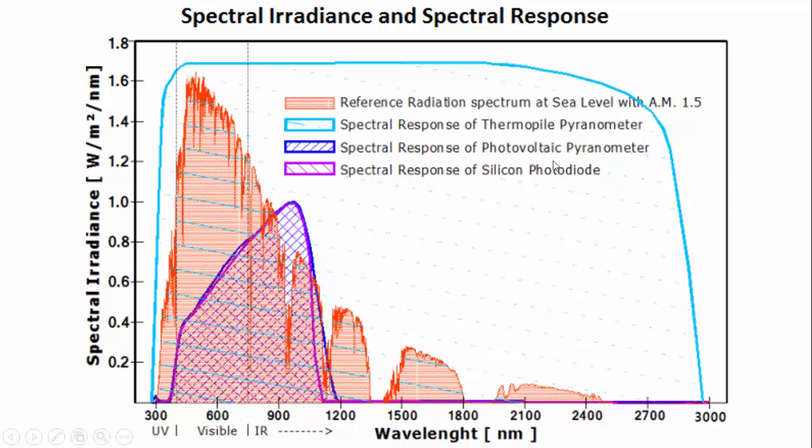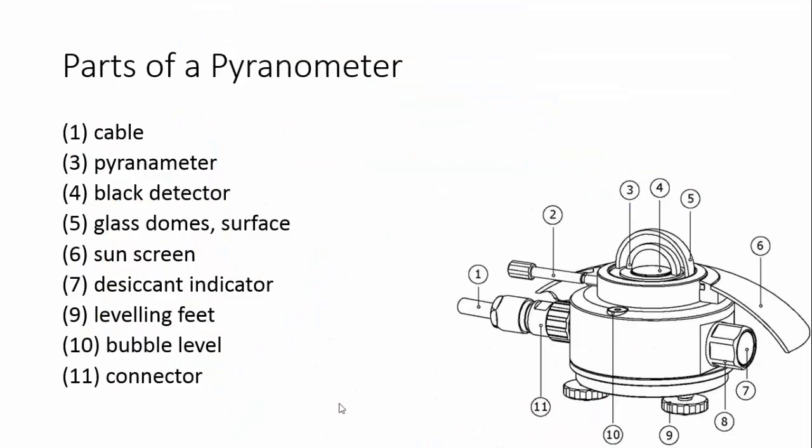If you see the photovoltaic pyranometer, that is in the dark blue color box. There we can see the spectrum is very small. Only a very small spectrum can be measured by the photovoltaic pyranometer.